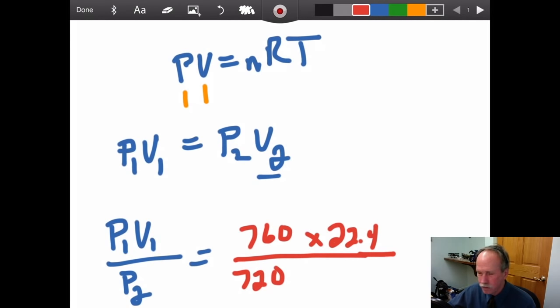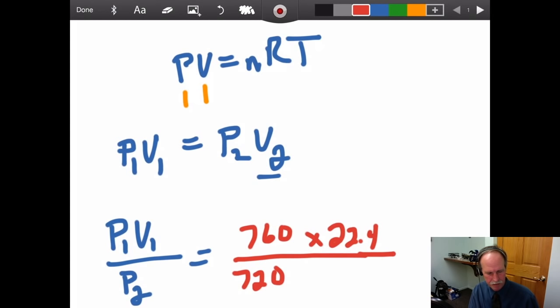Okay? Now the first thing that you should be able to figure out with this is if you lower the pressure on a set amount of gas, you would expect the volume to increase. And it looks like this is going to be greater than 1, 760 over 720 is greater than 1. So let's go ahead and do this math real quick. It'll only take a second.